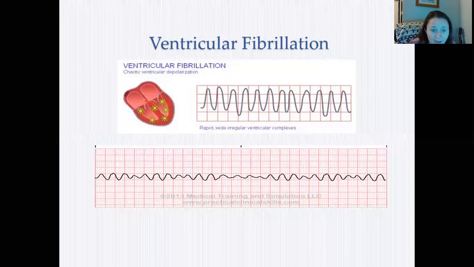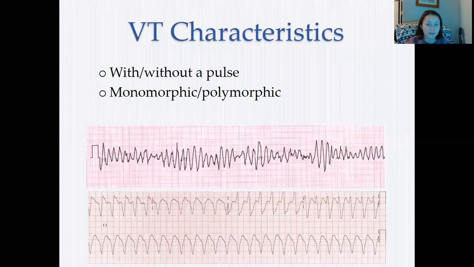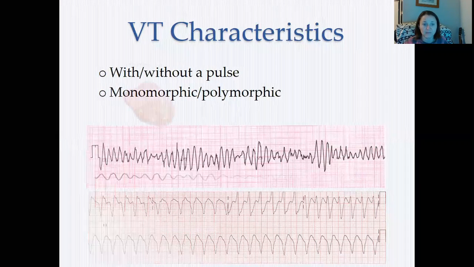So I'm going to go back to V-tach. V-tach is kind of the same. Electrically, it's going to be similar to A-flutter, where it's more of an organized pattern, but it's happening in the ventricles, not in the atrium. Hopefully that didn't confuse you more.